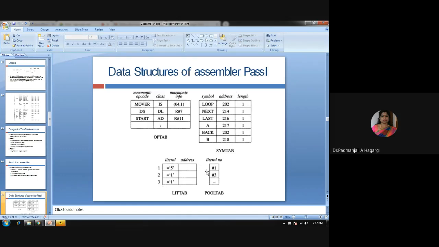The second pool is started at hash 3. The first pool is what, here in the pool table, first pool is 5 and 1. First pool is started at the content hash 1, and the second pool is started at the content at 3, hash 3. So this is what it is.